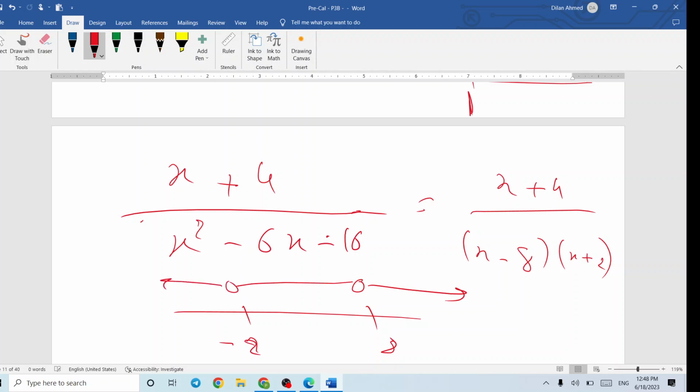So what do you mean by this on the real line? We can express it as a union.